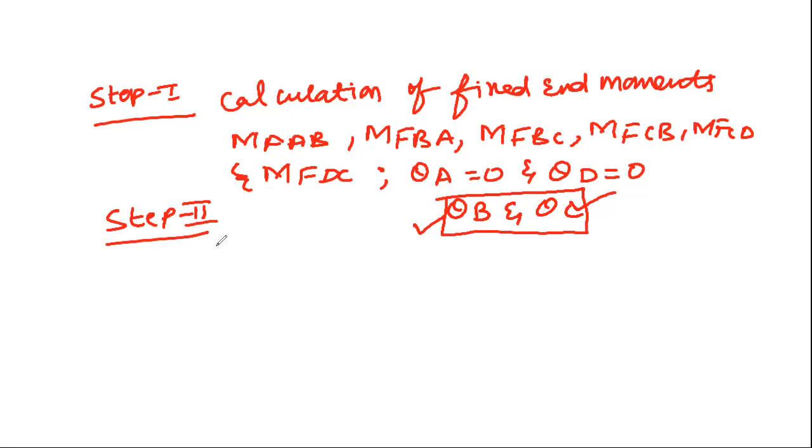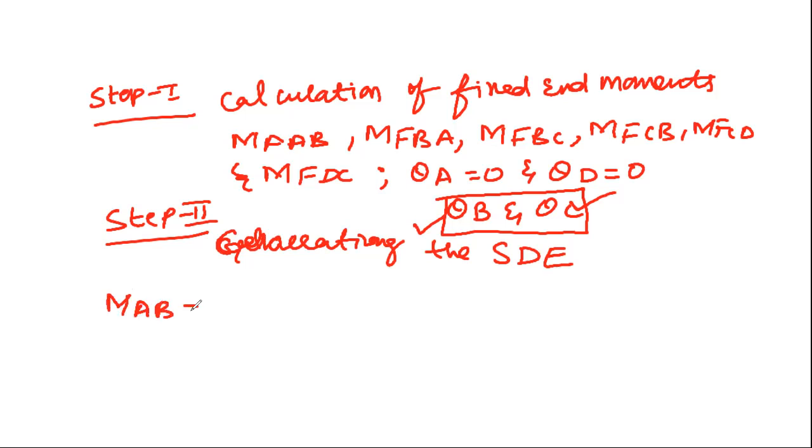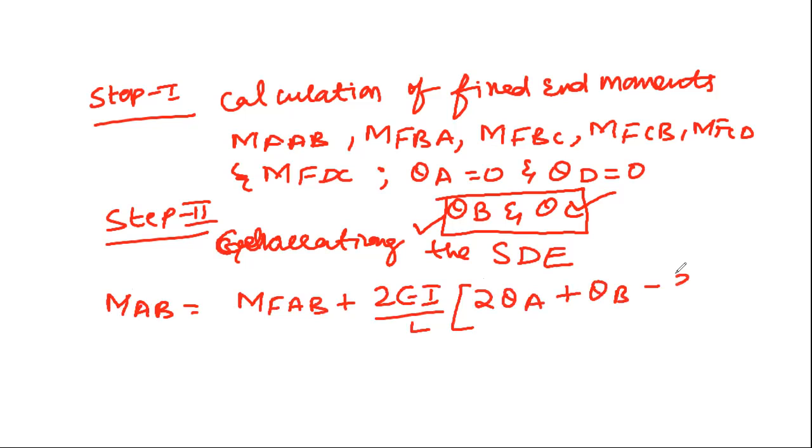Step 2 is generating the slope deflection equation. From here onwards I will be writing slope deflection equation as SDE. Initially it is MAB, which is MFAB plus 2EI by L into 2 theta A plus theta B minus 3 delta by L. It is very easy to remember the formula.